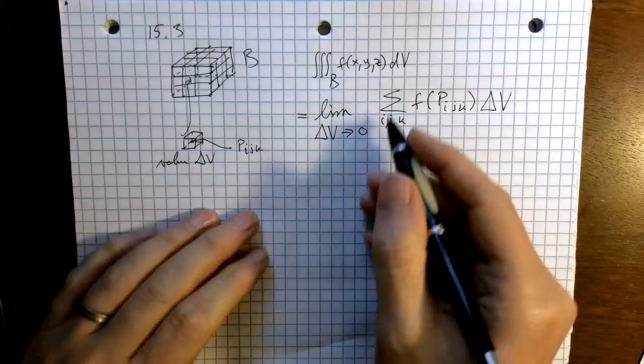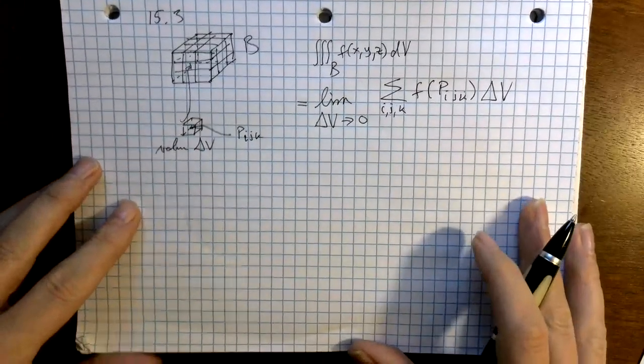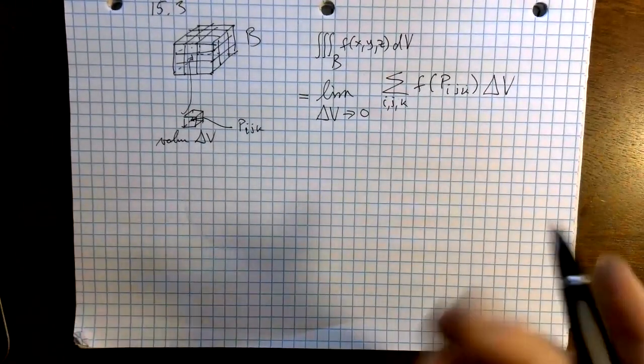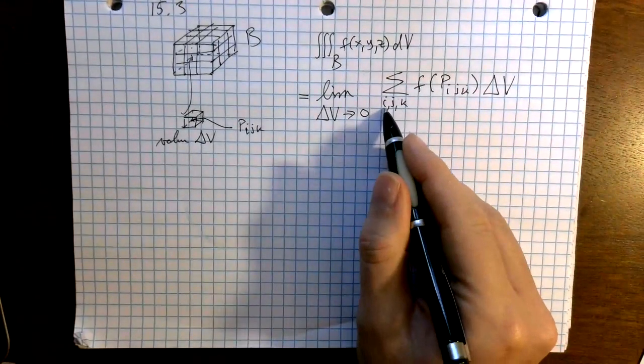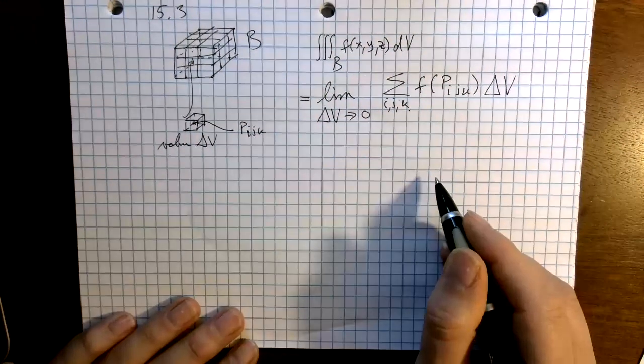So that's really what the integral is. It's very similar to before, except now it's really over three different indices. There's i, there's j, there's k. So that's the only difference, really.